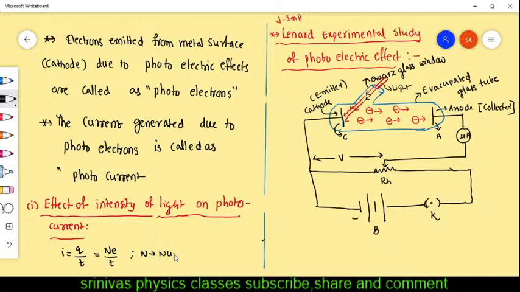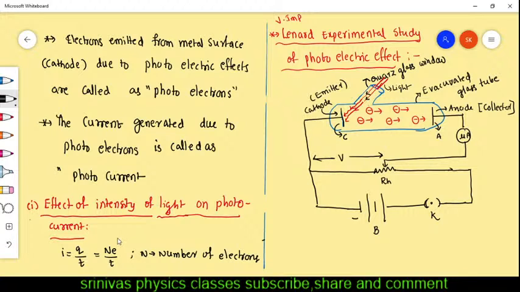So when the intensity of light incident on the cathode increases, the number of emitted electrons also increases, as you see in the figure. When intensity increases, N increases, so I increases. That means they observed that the photocurrent increases linearly with increase in intensity.